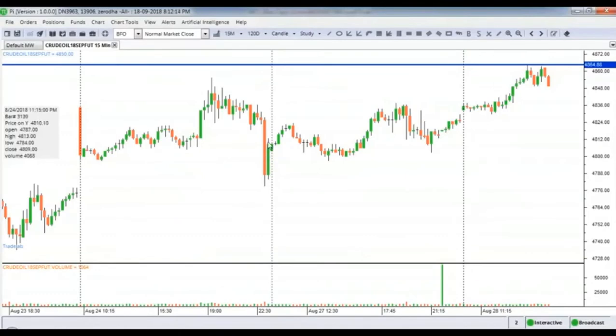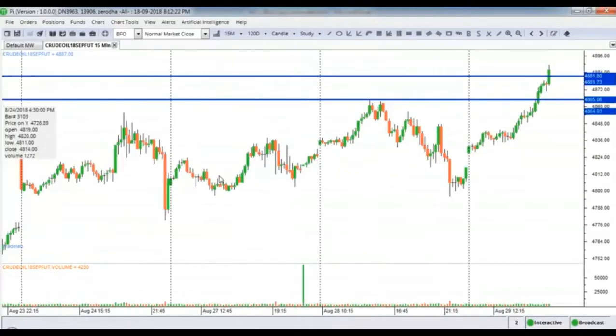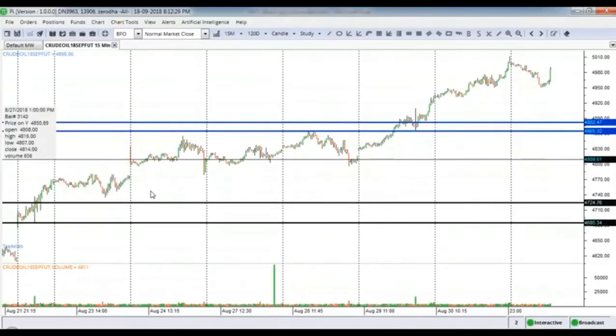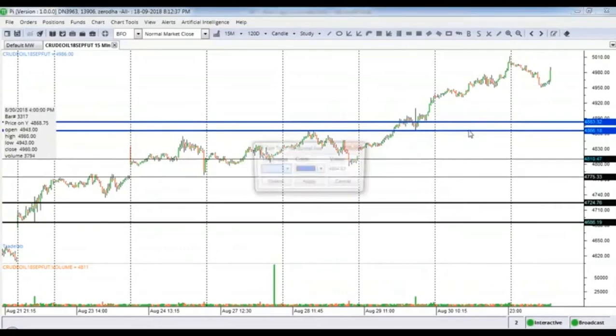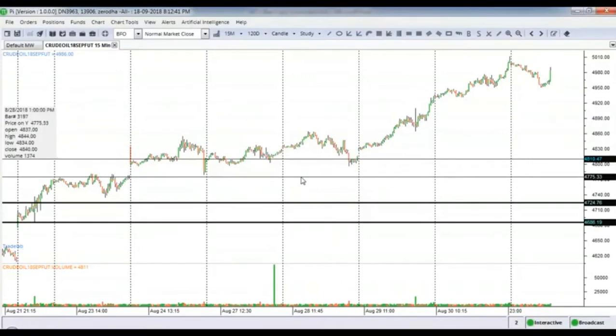Now when this happened, if you look at it, okay, when this happened, this is where it closed, right? And this is where it closed. Okay, I'm removing these lines for the time being. Delete and delete.